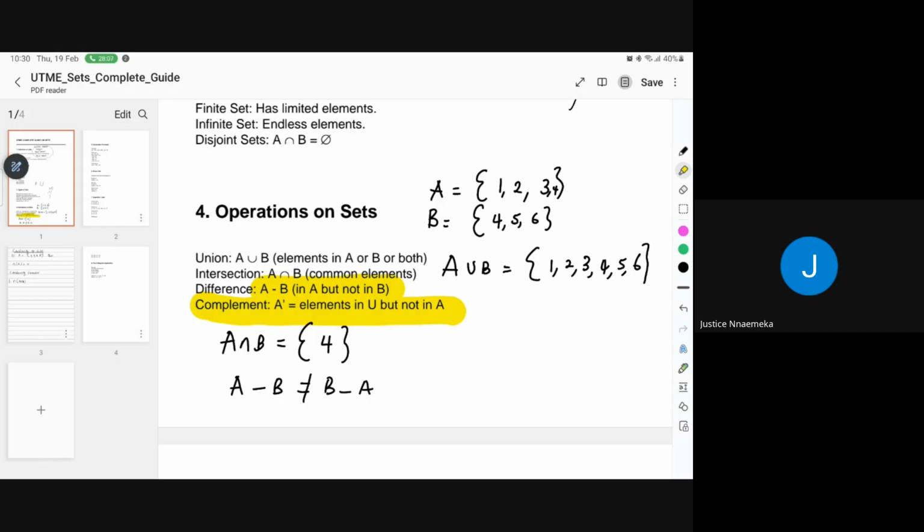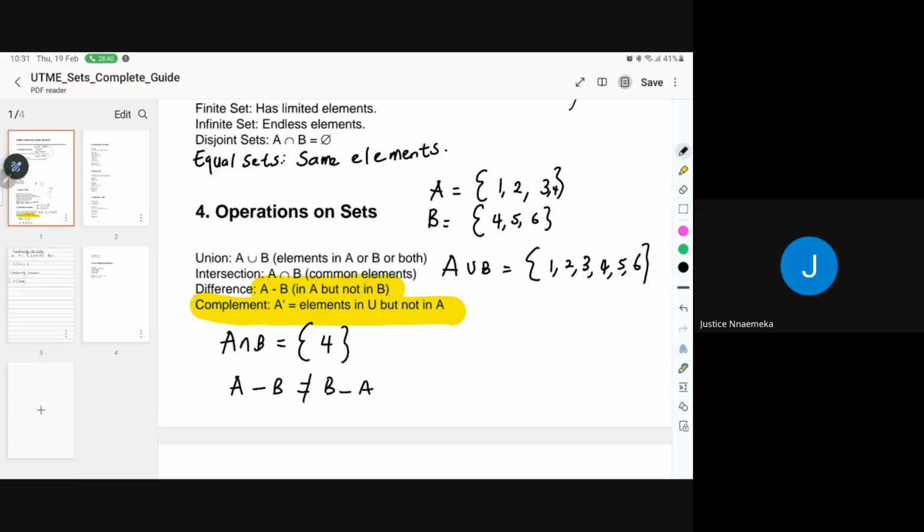We also have equal sets. Two sets are equal if they have exactly the same elements. So equal sets will have the same elements.